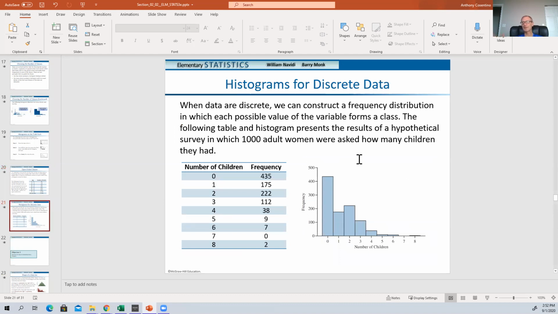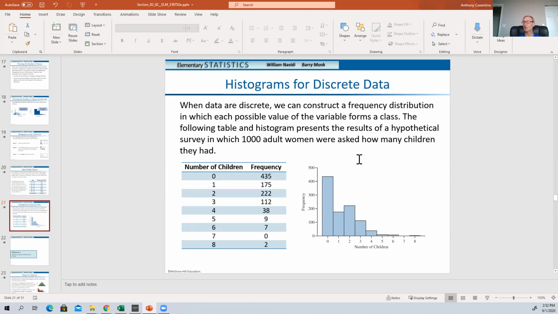Discrete data could be set up as a histogram or fancy version of the bar chart as well, and you would do it exactly the same way. Instead of having a width for your category, you just have that single number or single category indicating that.